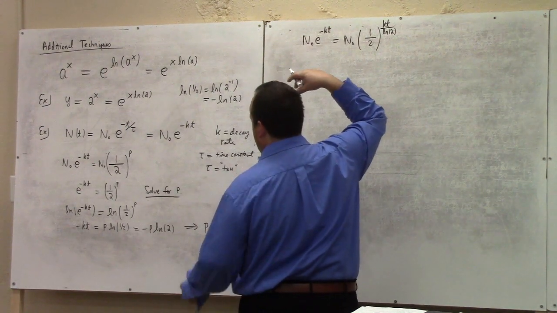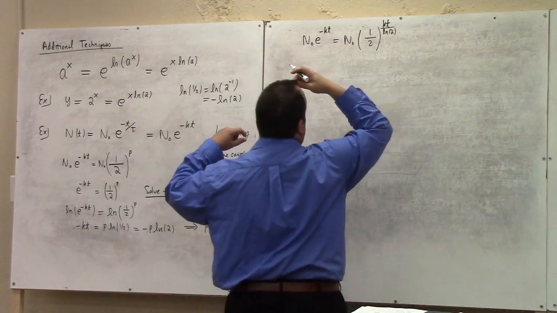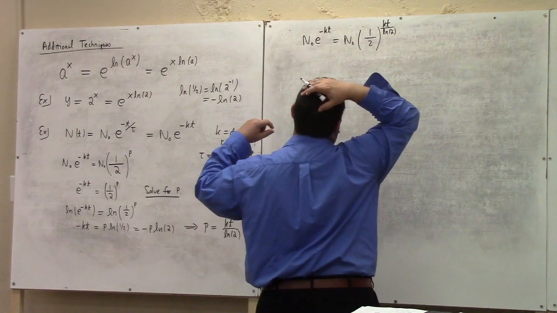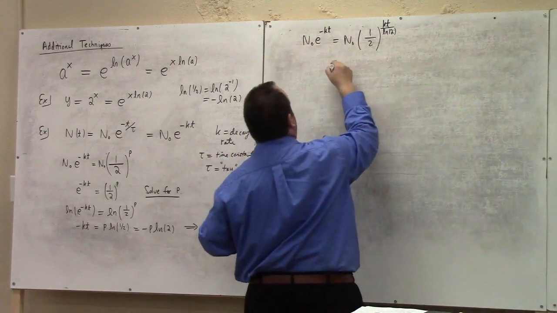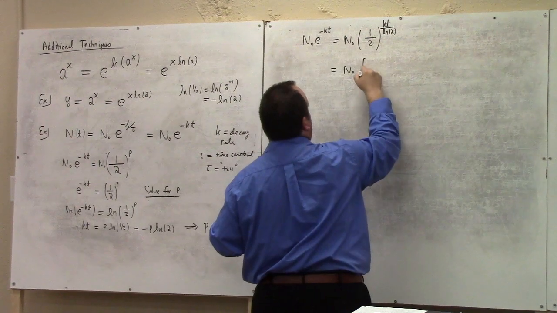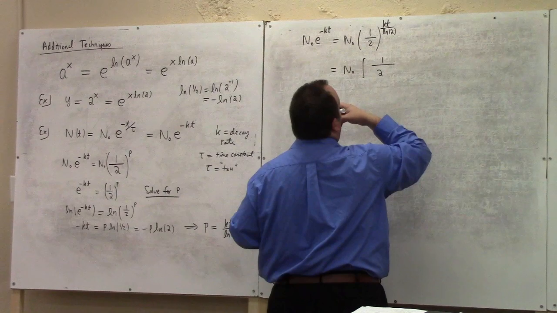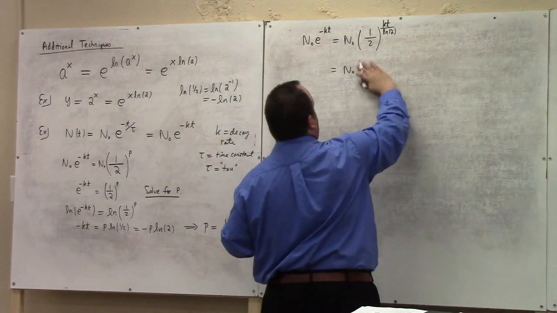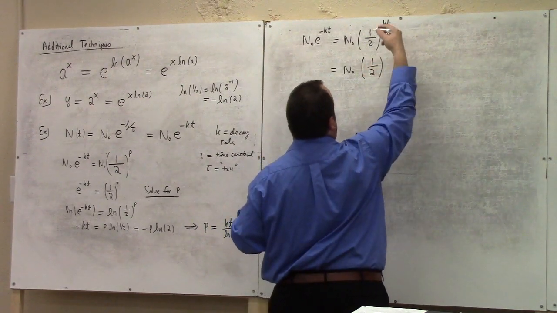I'd like to restate that in terms of the, good grief. All right, so that's equal to n sub 0 times 1 over 2, to the, I'm trying to think of a way to express this here.